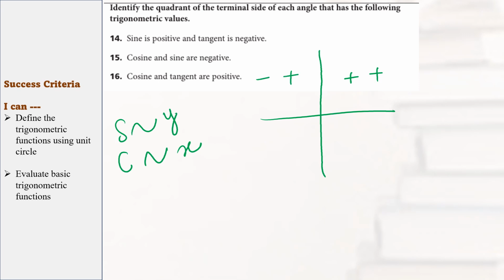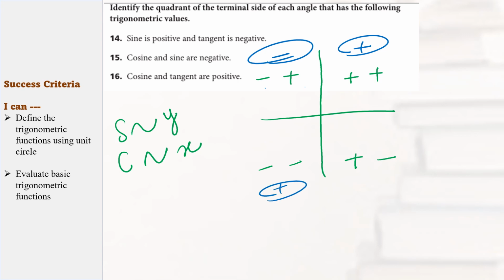Over here it is negative and negative. Over here it is positive and negative. Positive positive is plus, it's the sign of tangent. Plus minus is minus, it's the sign of tangent. Minus minus is plus, it's the sign of tangent. Plus minus is minus, it's the sign of tangent. First quadrant, second quadrant, third quadrant and fourth quadrant.